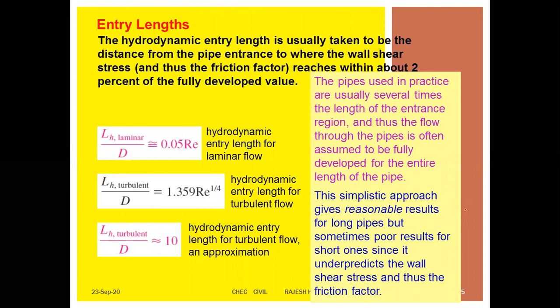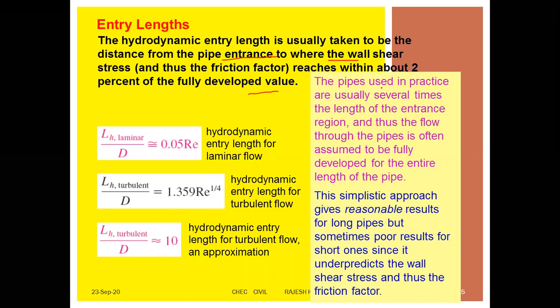One is the entry length for each type of flow, how it is formed. Now see the entry length. The hydrodynamic entry length is usually taken to be the distance from the pipe entrance to where the wall shear stress reaches within about 2% of the fully developed value.